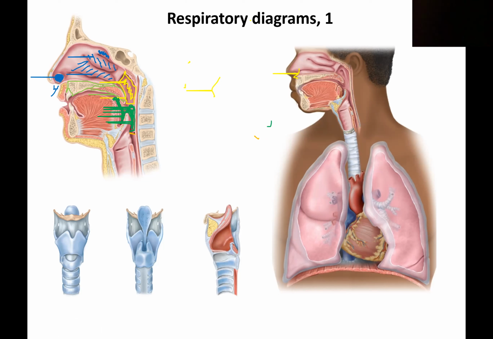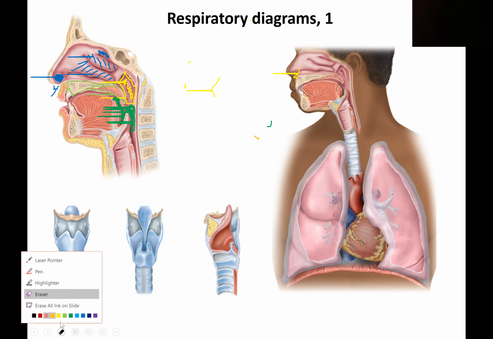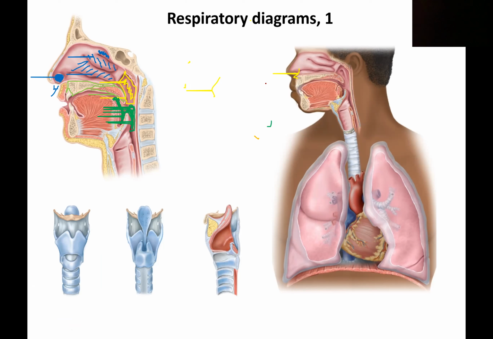And then from there down to even with the cricoid cartilage is the laryngopharynx. Laryngopharynx. And the laryngopharynx is continuous with the esophagus.